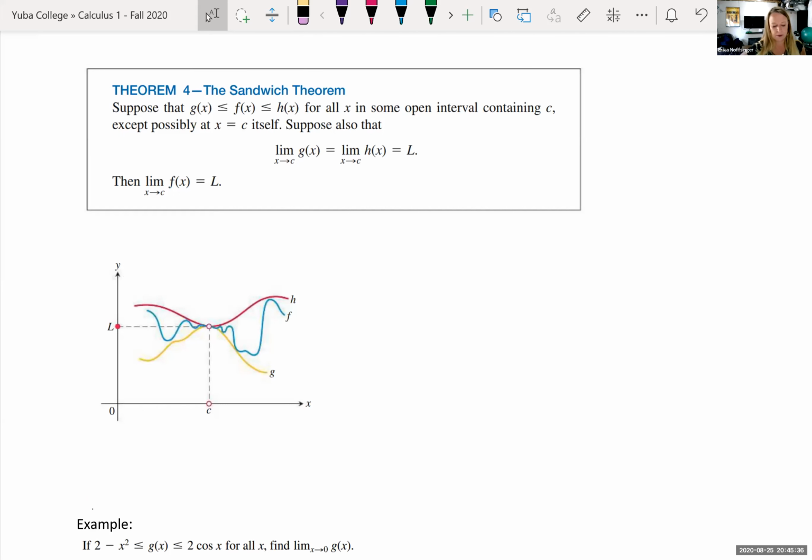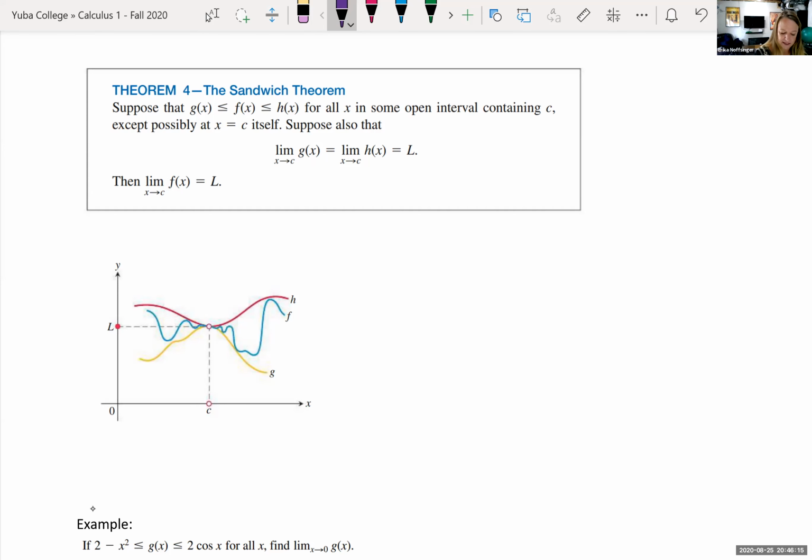Okay, so this is what the sandwich theorem is saying. If you're trying to find the limit as x approaches some value of f of x, and maybe it's a hard function to look at, then we might be able to break it down into simpler functions, sandwiching the function we want to look at between two functions that are easier. Suppose g of x, in yellow here, is less than or equal to f of x, our function in blue, sandwiched in between, which is less than or equal to h of x, in red.